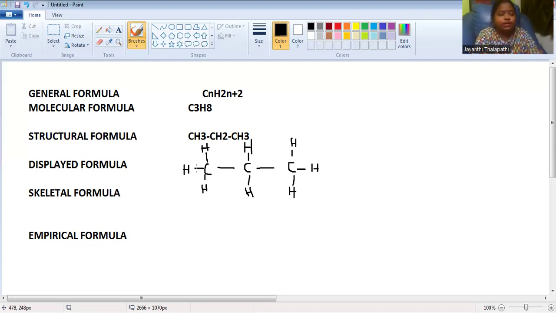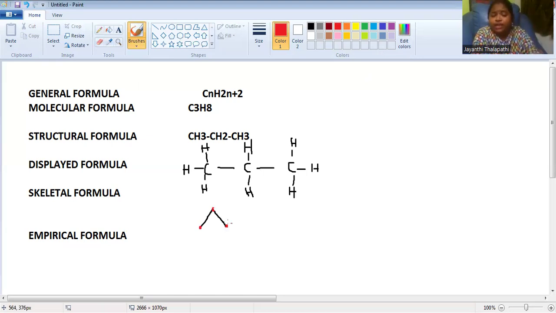Then how to draw the skeletal formula? Skeletal, in the sense, you can easily find by seeing this line. How can we say it is propane? Over here, we should consider 3 carbon atoms, 1, 2, 3. There are 3 carbon atoms in this, so it is propane.